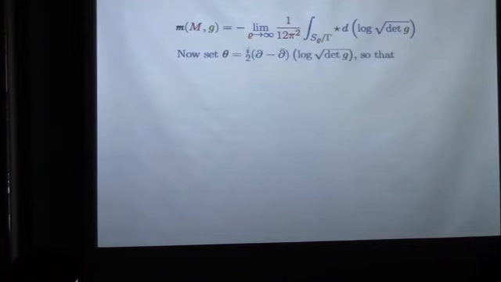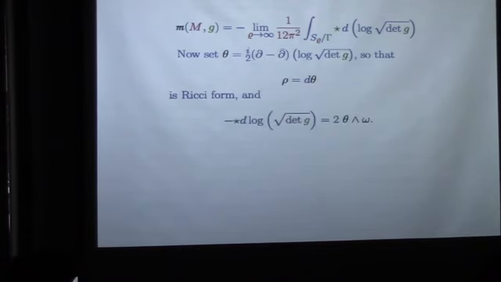But now, because we're in a complex coordinate system, you can look at the one-form given by d minus d bar of log of the volume density. And d of that is actually the Ricci form.